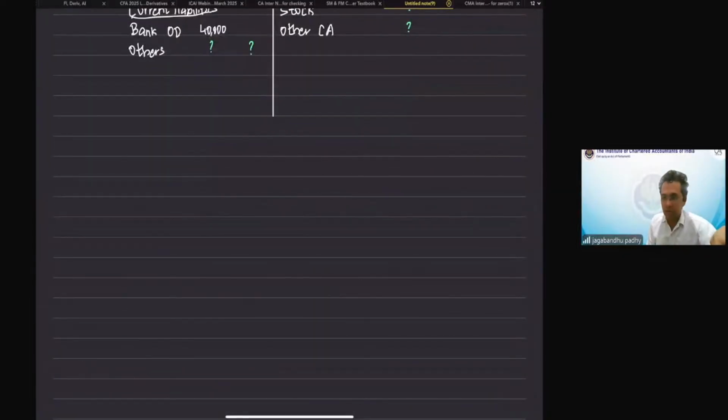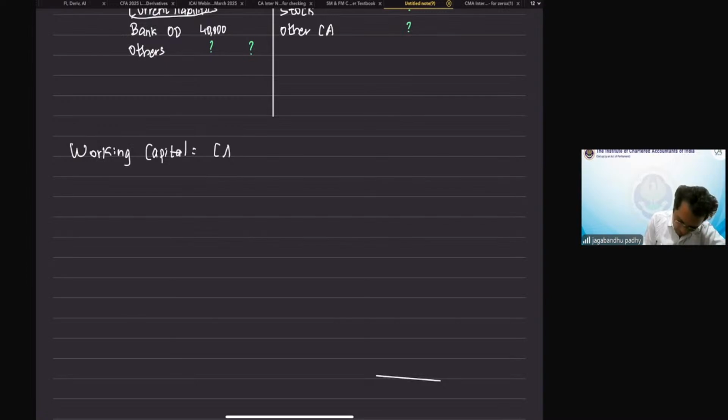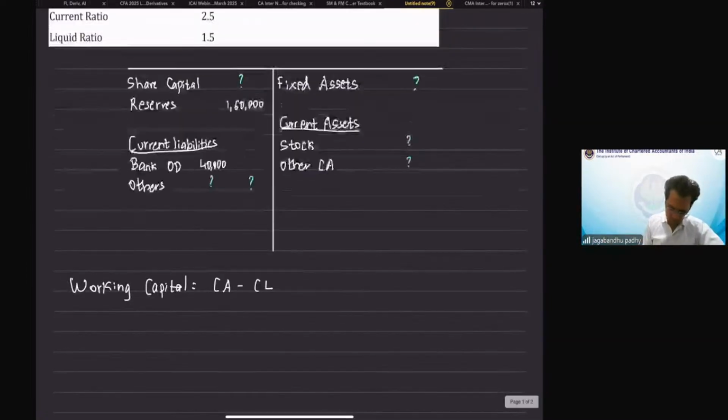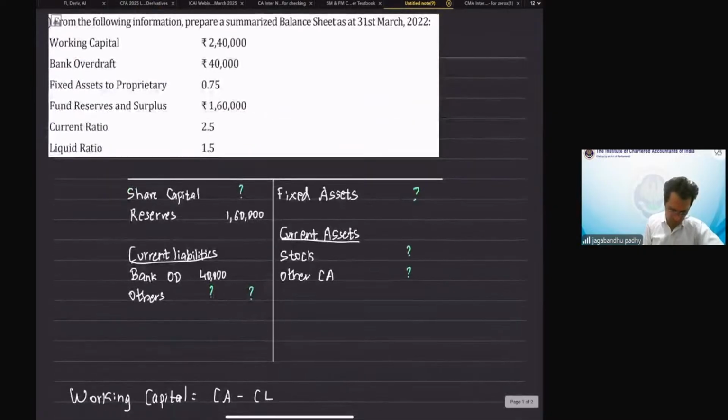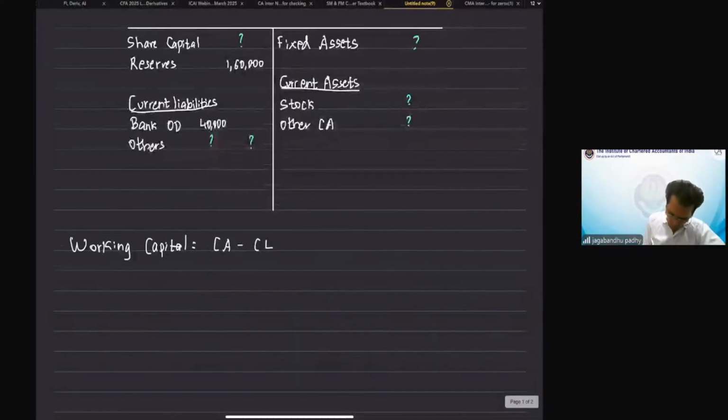How do we calculate the working capital numbers? Working capital is calculated as current asset minus current liabilities. Right? So current asset is something that we don't know, and neither do we know the current liabilities. But we know that working capital is 2,40,000.